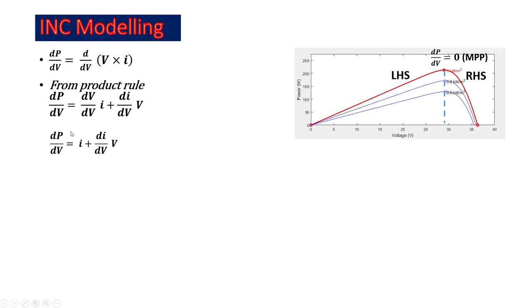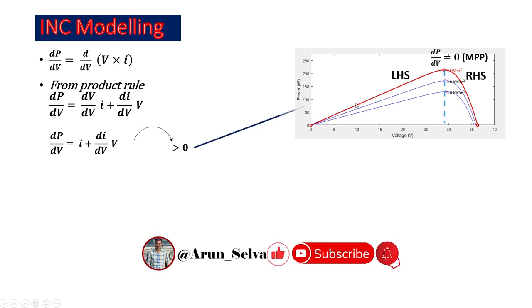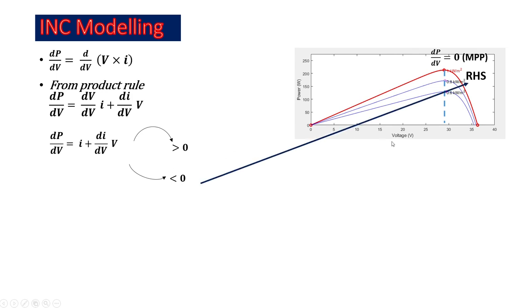So in this equation, when dP divided by dV is greater than 0, it is operating on the left hand side, which means we need to increase the PV voltage in order to reach the maximum power. Similarly, when it is less than 0, it is operating on the right hand side, so we need to reduce the PV voltage to reach the maximum power.